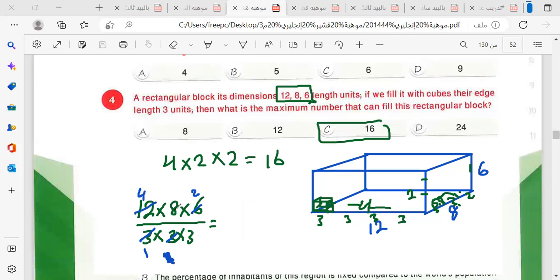And here 8, when you divide it by 3, you approximate 2 cubes only. We draw 2 cubes here. Then 8 divided by 3, you also approximate, or you round it, and the number will be 2 cubes. Then you multiply, you get 16 cubes. This is another way, but the first is the best way to find the answer.